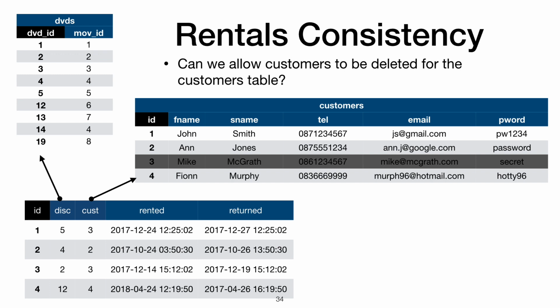But deleting customer details is probably okay. It still creates the same technical problem, but it's not as big a deal. So we could use similar code to what we used for the DVDs table in order to make sure that inconsistency doesn't occur.